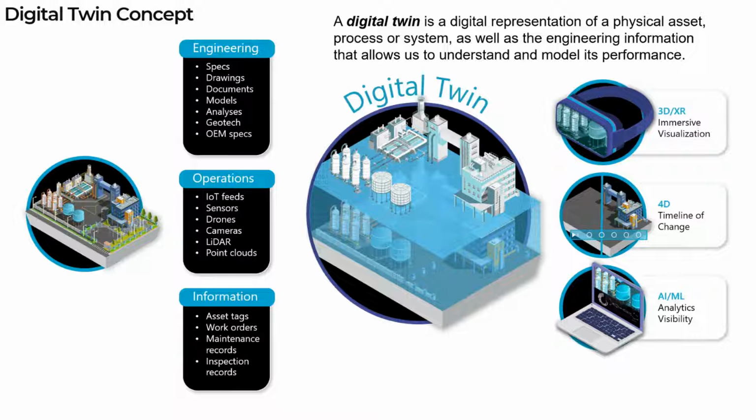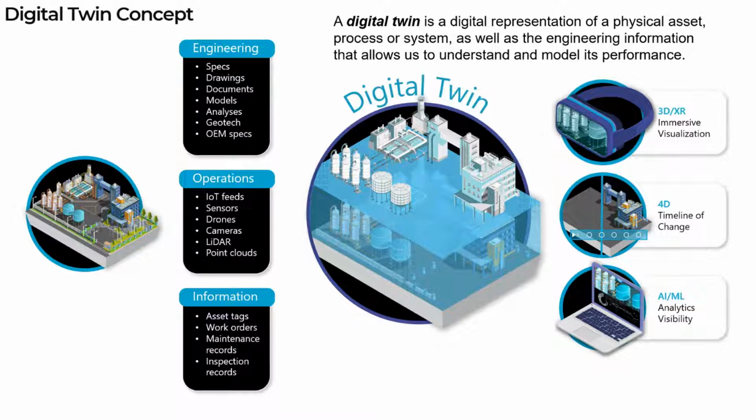What we mean when we're talking about digital twin is a digital representation of your physical asset, where this digital asset is continuously updating and changing at any stage of that asset life cycle.